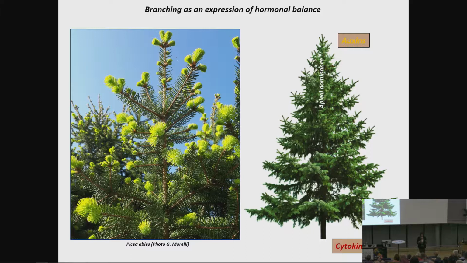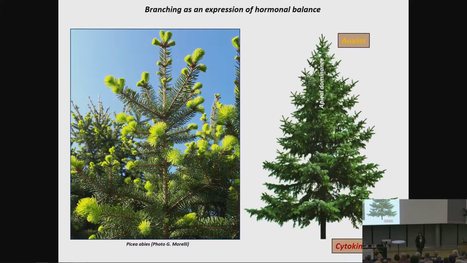Only at a certain point, when this lateral bud is far enough from the main apex, can this bud develop, because there is a balance between auxin and cytokinins produced by the root system. This process continues during the whole life of the tree, and then we have many branches.